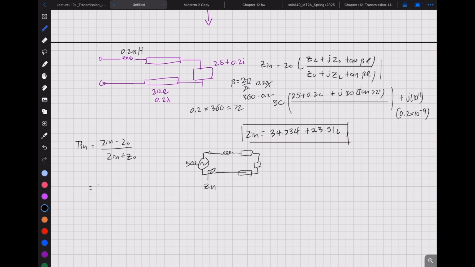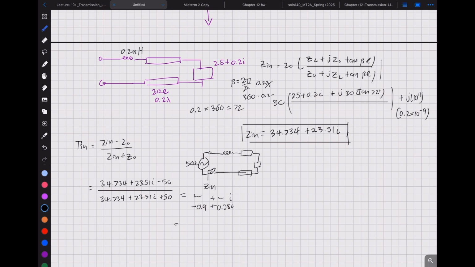So plugging in Zin, 34.734 plus 23.51i minus 50 over plus 50. Okay, so we put it in the calculator, we're going to get some number plus some number i. So it should be around negative 0.9 plus 0.38 something, and then you change that number on the calculator.